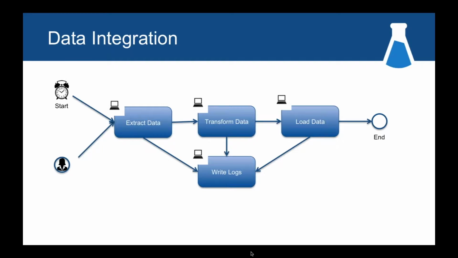It could just be an extract and load. And all the while, it does the logging of what is going on so that you can keep track of where the data is and what problems might have happened, and what the state of your data is.